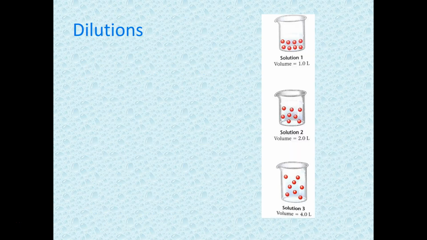Let's look at what I'm talking about. So we have solutions 1, 2, and 3 right here. You can see that each of them has 8 of those red particles in them, whatever you want to pretend they are. But they each have a different volume, where this one only has 1 liter, this one has 2 liters, and this one has 3 liters. So which solution is the most concentrated?